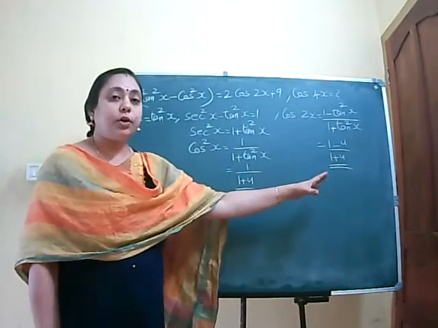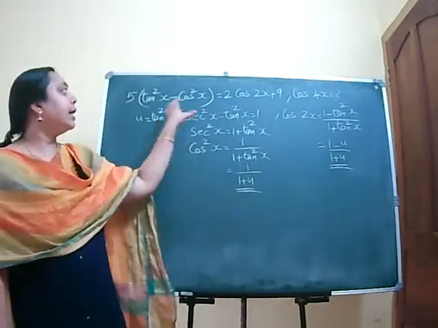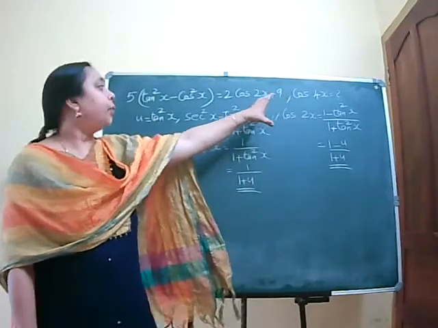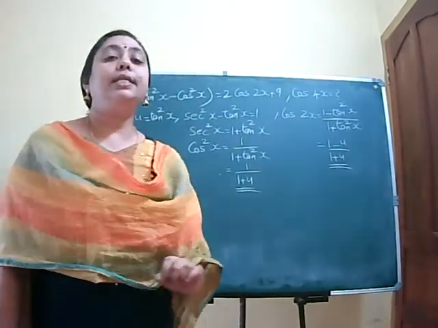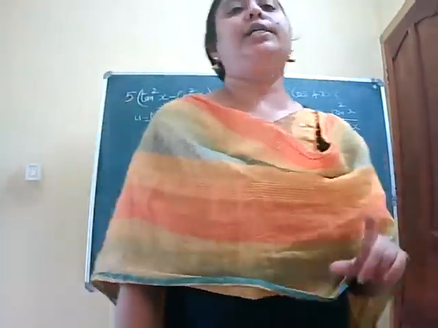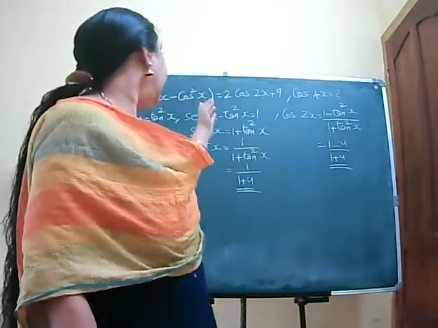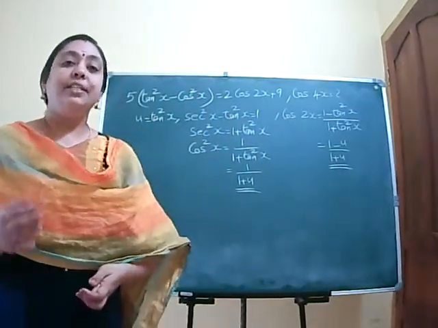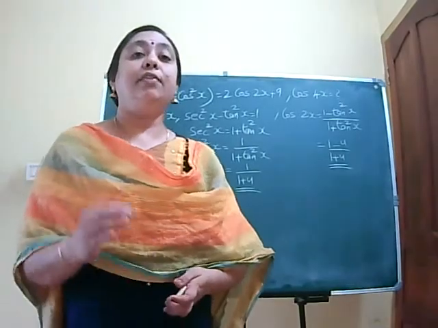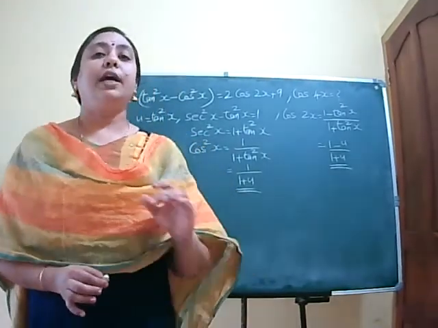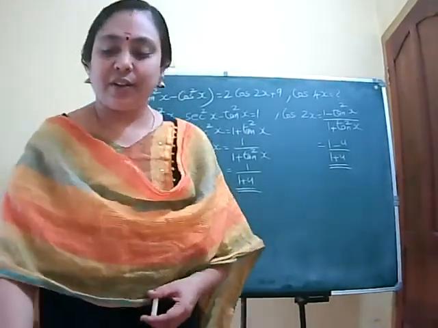Now substitute all these expressions in this equation. Then we get a quadratic equation in the terms of tan square. Then just simplify that, and we get the value of tan square. Okay.